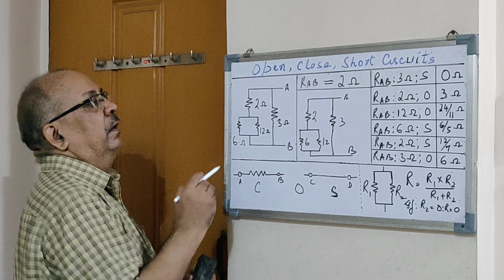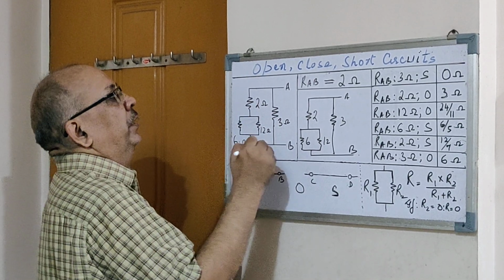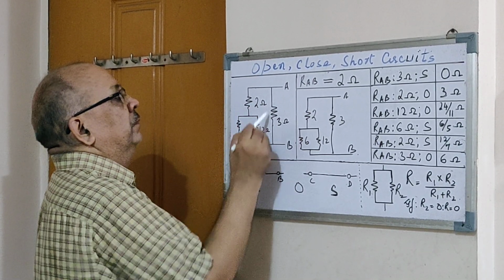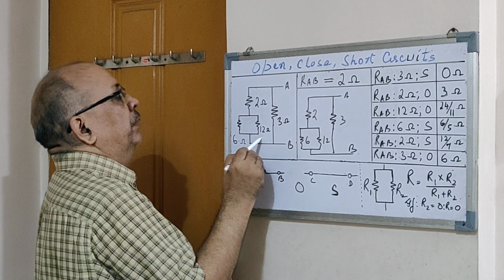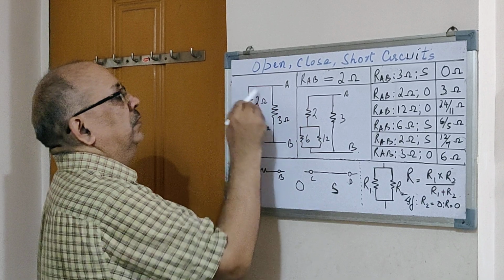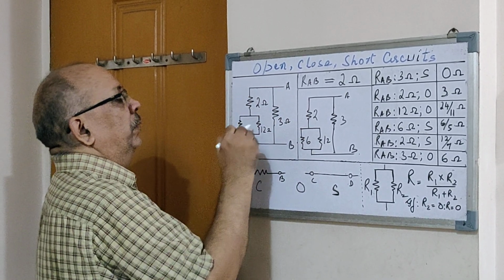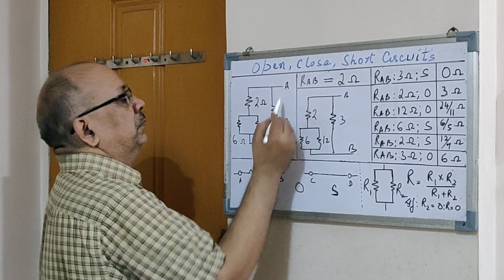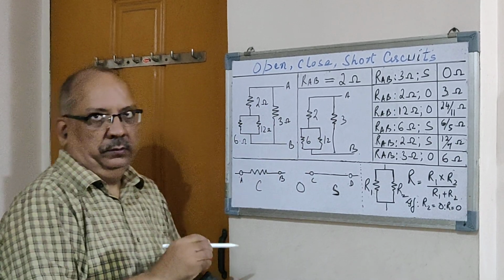Let us do a simple circuit where we have resistances of 6 ohms and 12 ohms in parallel, this 2 ohms in series with them, and 3 ohms in parallel with this complete combination. We will find the resistance between A and B under different configurations.